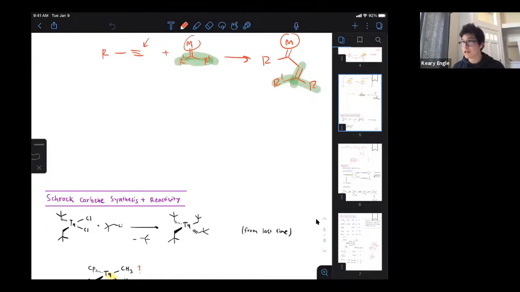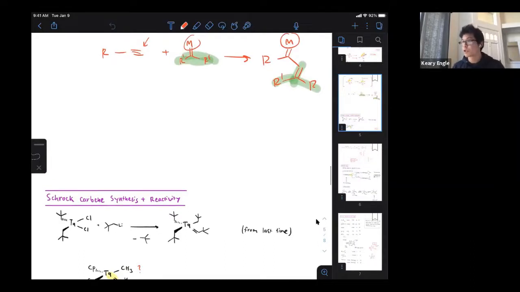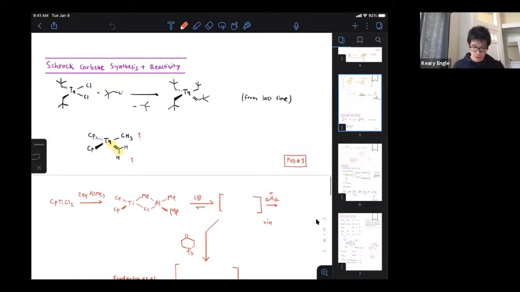Cool reactivity, difficult to turn over for various reasons. I think principal among them, the difficulty of being able to generate the Fischer carbene under reaction conditions that are compatible with catalytic turnover. So now let's look at the other end of the carbene reactivity spectrum, Schrock type carbenes.